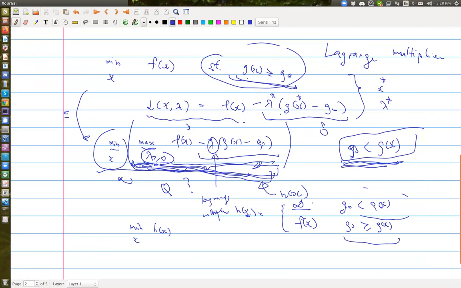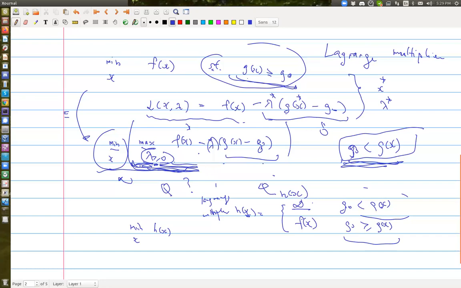This is quite easy to understand just from how we build the Lagrange multiplier and the objective function. Remember from the beginning, we said that when the constraint is violated, I don't care basically.